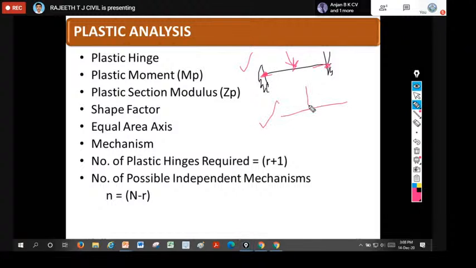Then under the loads, you're going to get a plastic hinge. Then at a change of property, assume we have I here and I by 2 there, where the moment of inertia is changing, at that cross-section you have a chance of plastic hinge formation. And wherever you change the material, assume that till this portion you use concrete and then steel or another material, then at this junction we're going to get a plastic hinge formation.